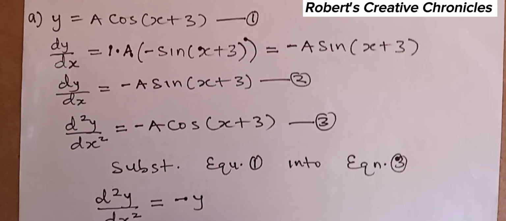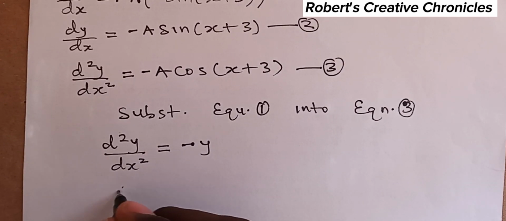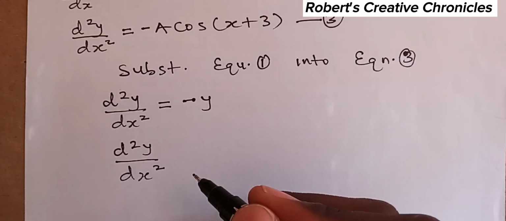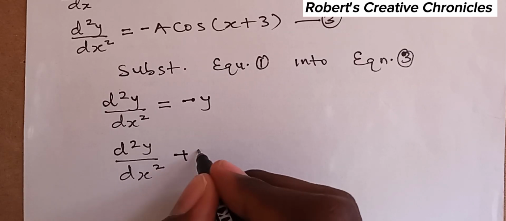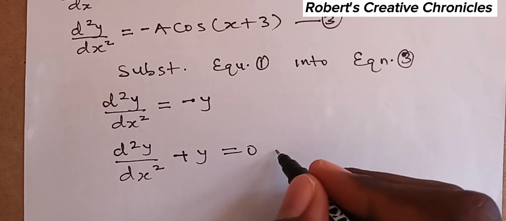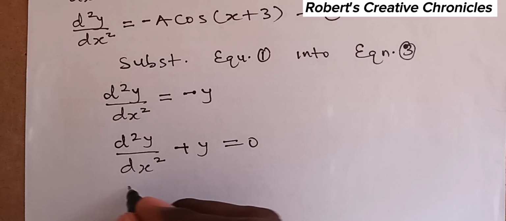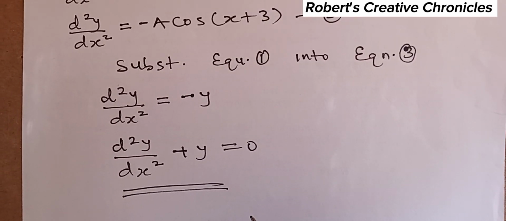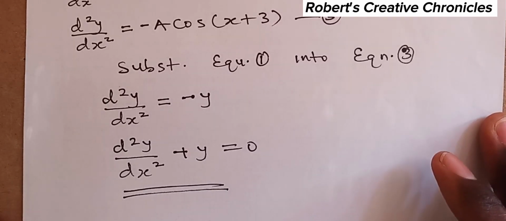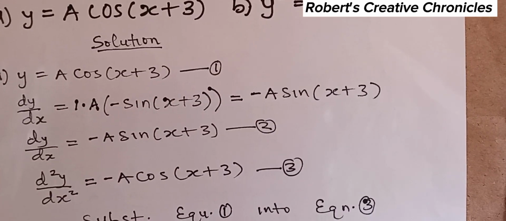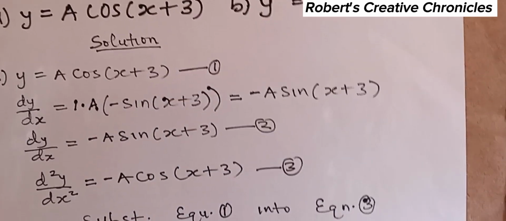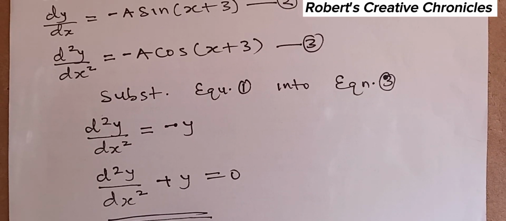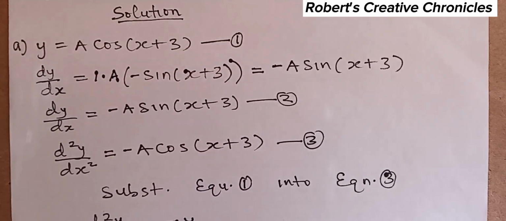You can take this to the other side to get d squared y over dx squared plus y is equal to 0. Now, this is our differential equation. So we have successfully expressed this in this form. This is the differential equation by eliminating the constant a.